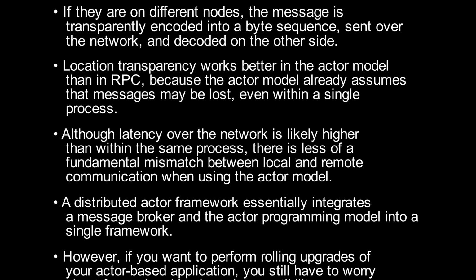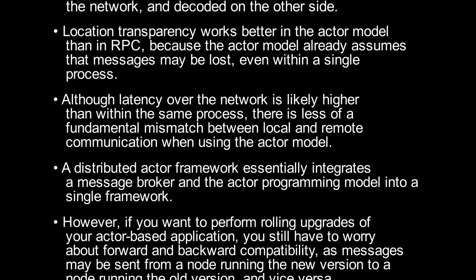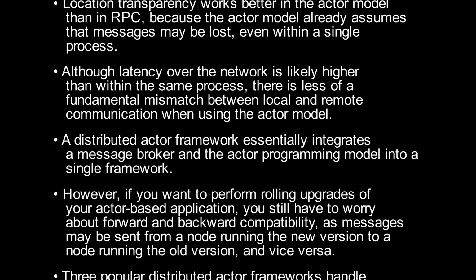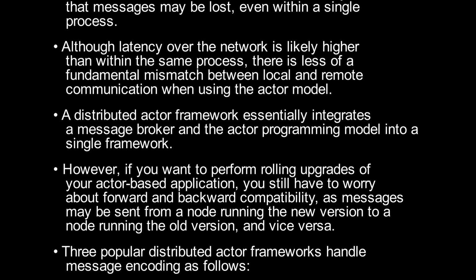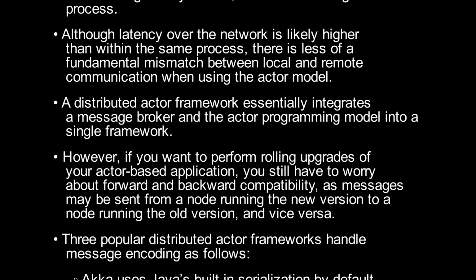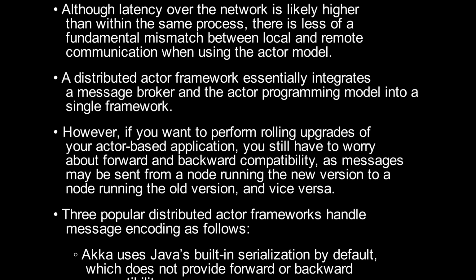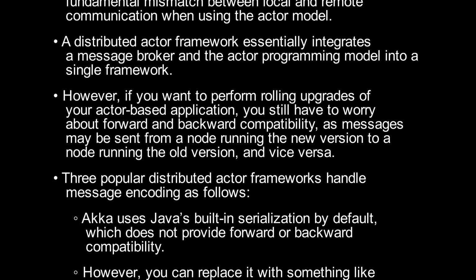A distributed actor framework essentially integrates a message broker and the actor programming model into a single framework. However, if you want to perform rolling upgrades of your actor-based application, you still have to worry about forward and backward compatibility, as messages may be sent from a node running the new version to a node running the old version, and vice versa. Three popular distributed actor frameworks handle message encoding as follows.